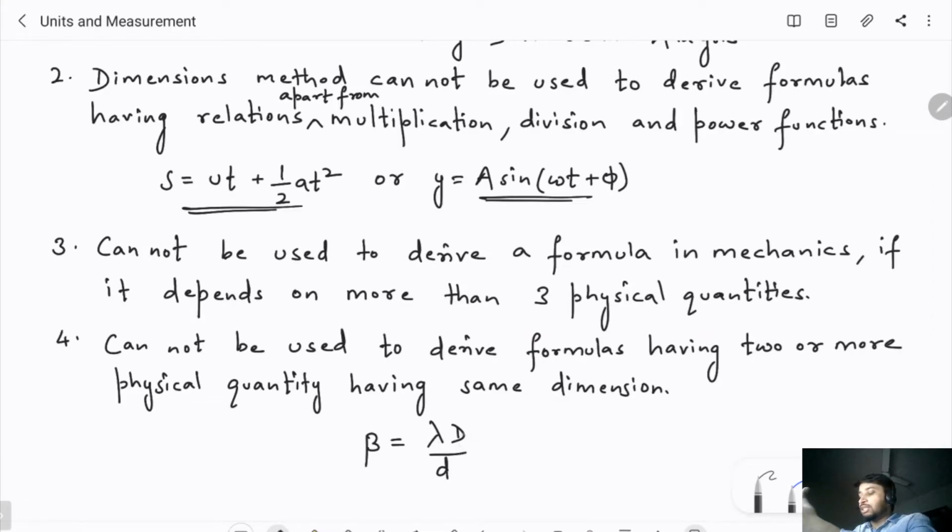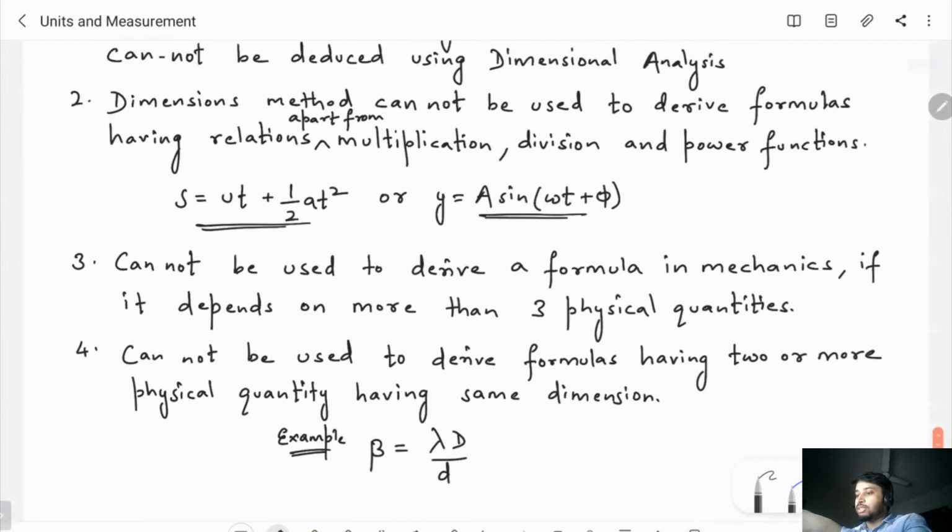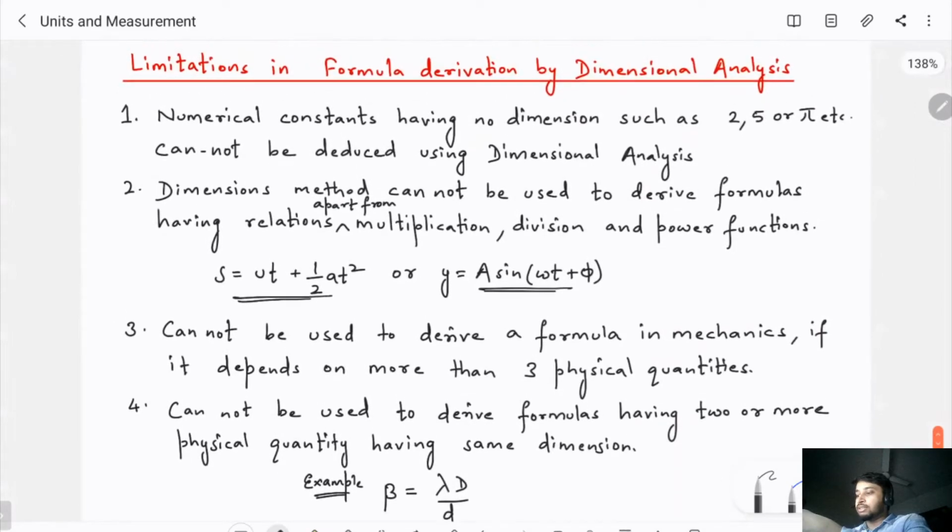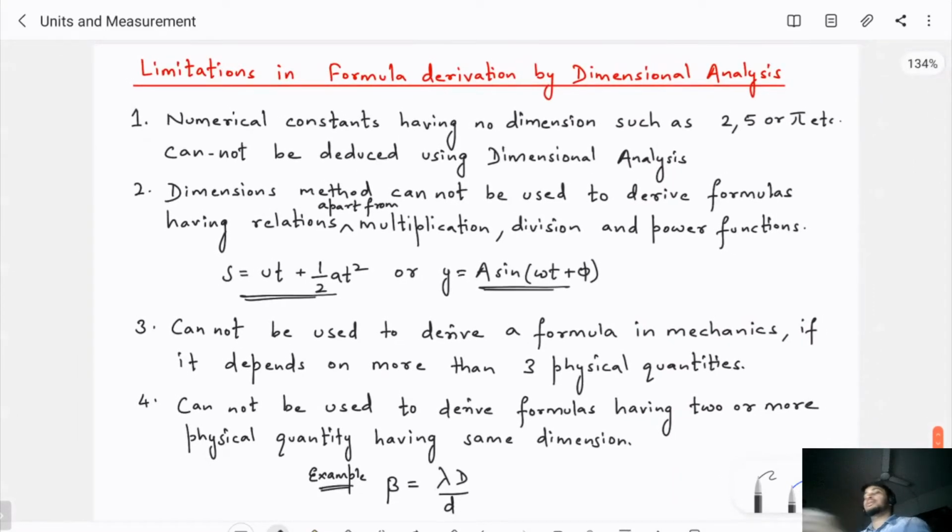In this case you can see that all these three physical quantities, lambda, capital D and small d, have the same dimension as that of length. So this formula you cannot derive with the help of dimensional analysis. These were the few limitations in derivation of a formula using dimensional analysis.